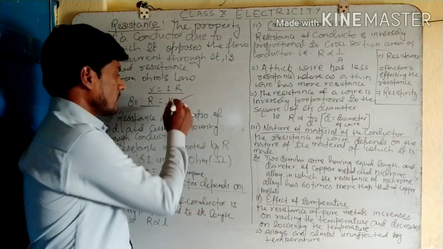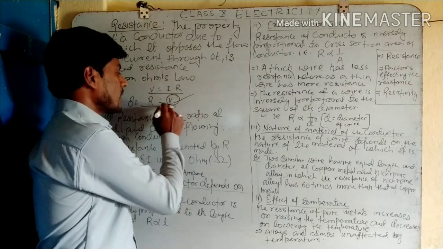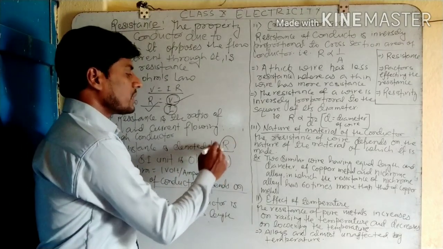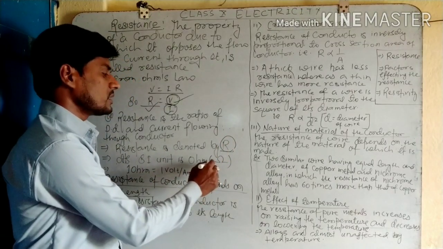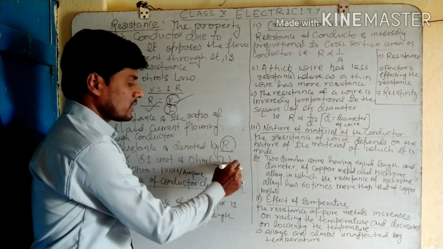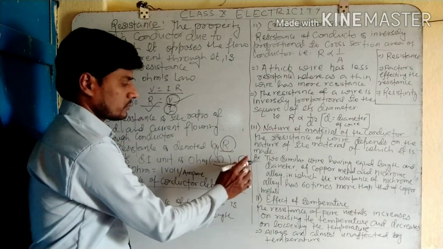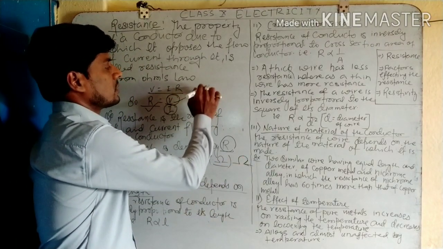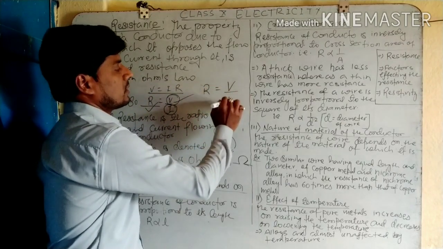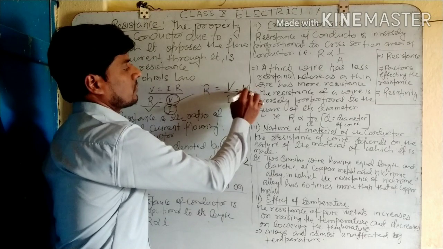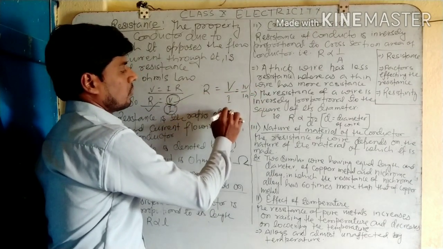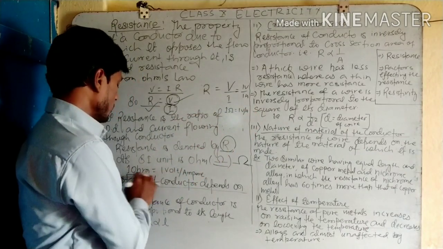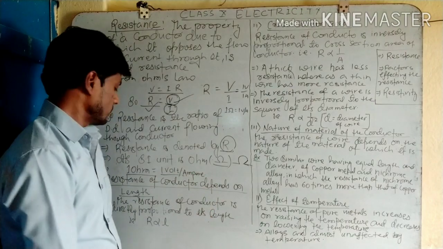Resistance is denoted by capital letter R, and its SI unit is ohm. So R is equal to V by I. When we put the value of 1 volt and 1 ampere, 1 ohm is equal to 1 volt per ampere.